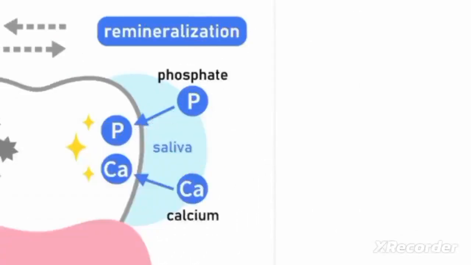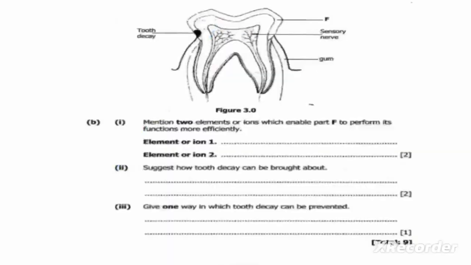We have skipped one question, which is question B1, Roman numeral 2. Mention two elements or ions which enable part F to perform its functions more efficiently.